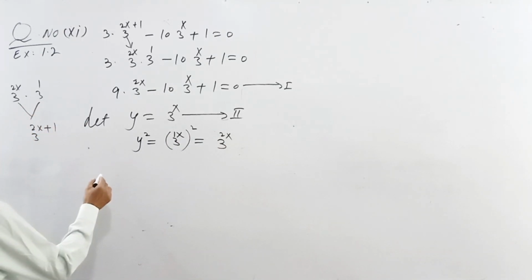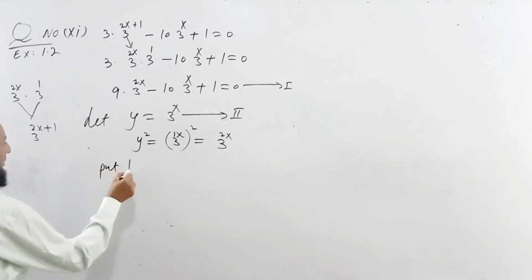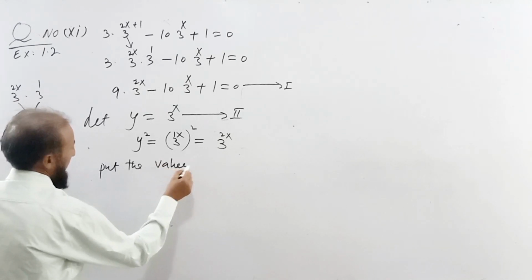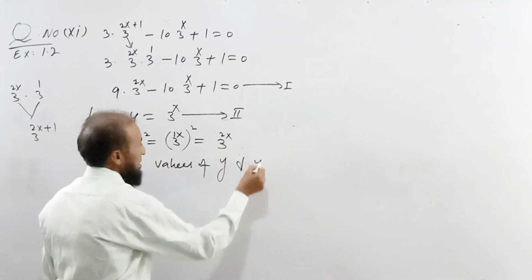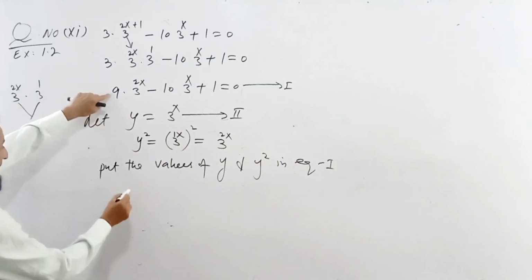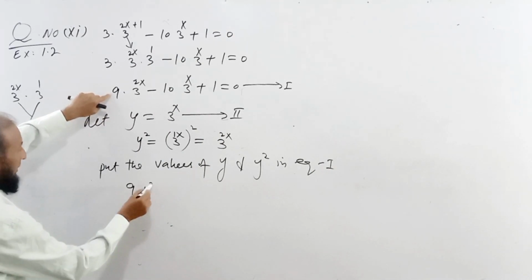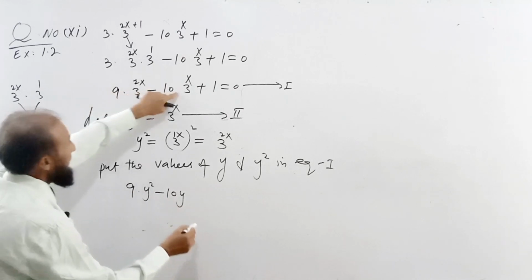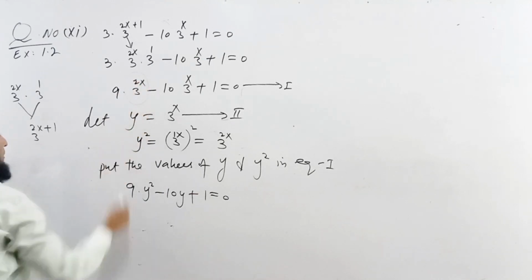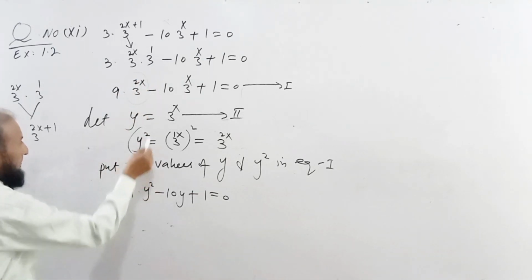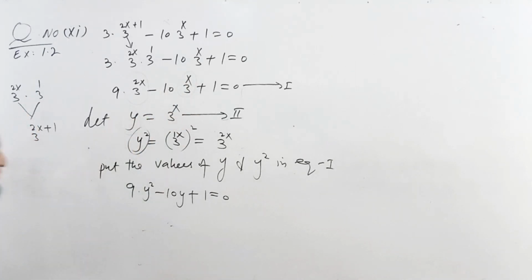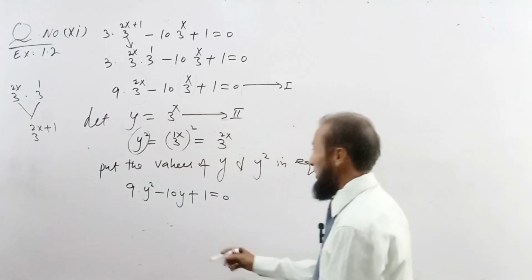Now these two results, we put the values of y and y square in equation number first: 9 into y square minus 10 into y plus 1 is equal to 0. And for 3 power 2x we put y square, and for 3 power x we put y. So the equation becomes a quadratic.